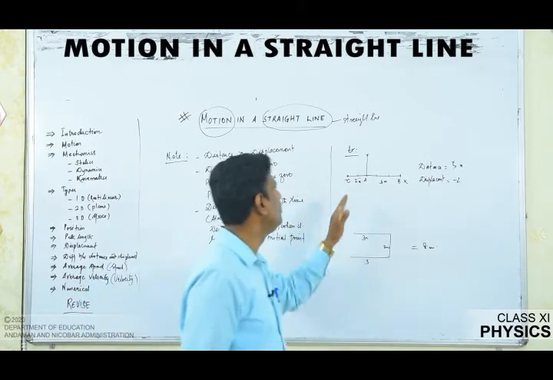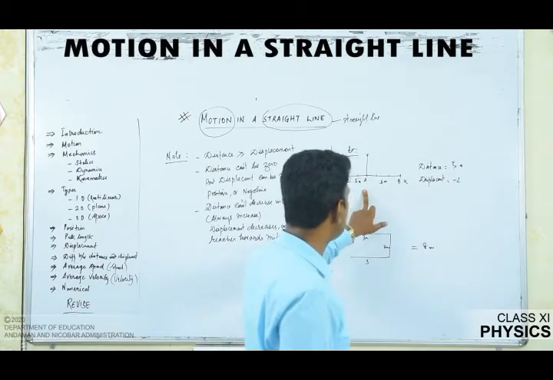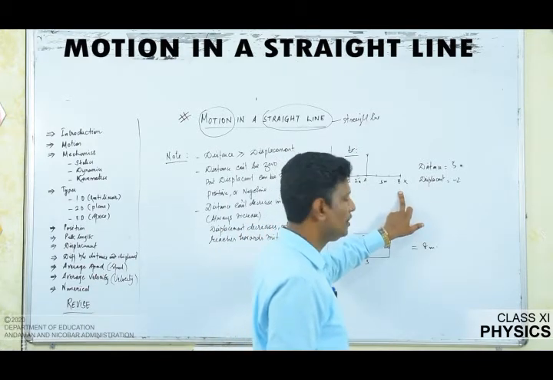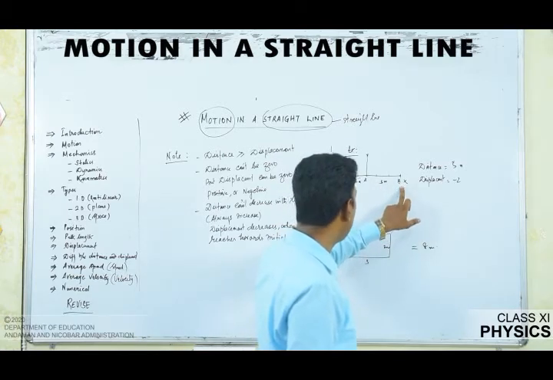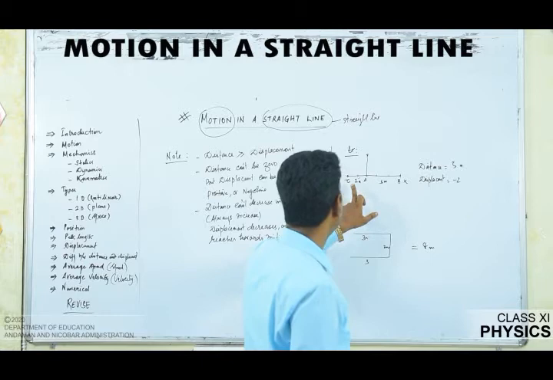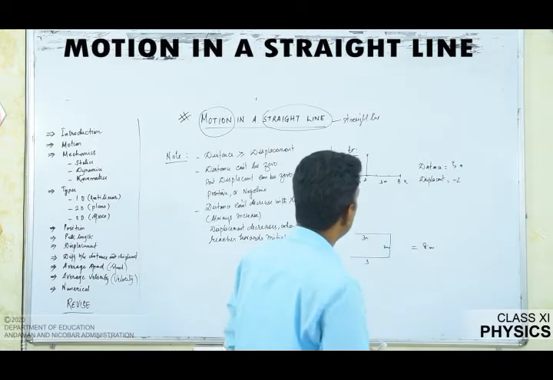For that, let us see one example here. An object is moving from A to B covering distance 3 meter, and again it is moving from B to C, that is minus 2. So, what is the distance?